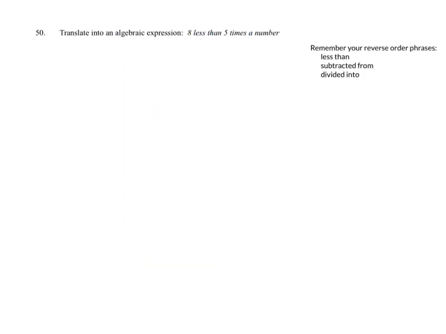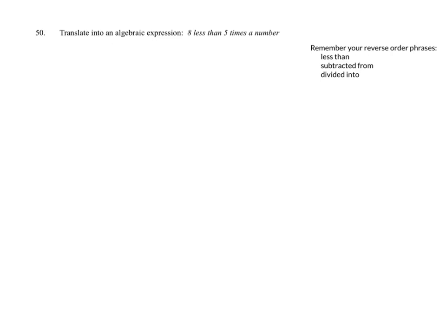The last thing we want to look at is a translation to an algebraic expression. The key thing to remember on this one is to remember your reverse order phrases: less than, subtracted from, and divided into.